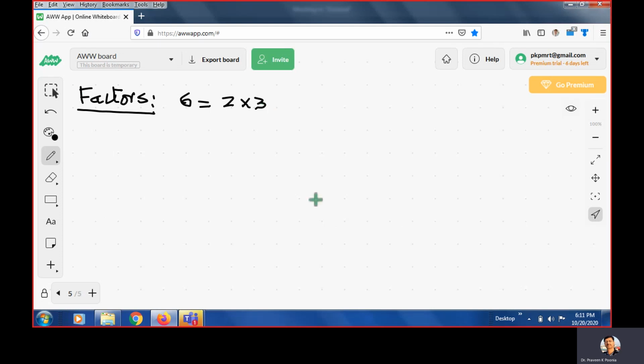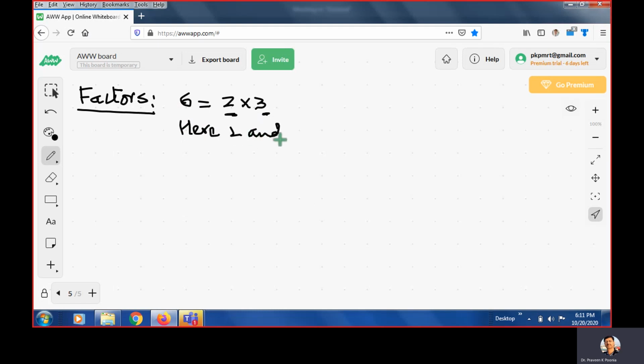So if we multiply two numbers, these two numbers can divide the product, meaning 6 is divisible by 2 and 6 is divisible by 3. So if a number is divisible by another number, then those numbers are called factors of the number.